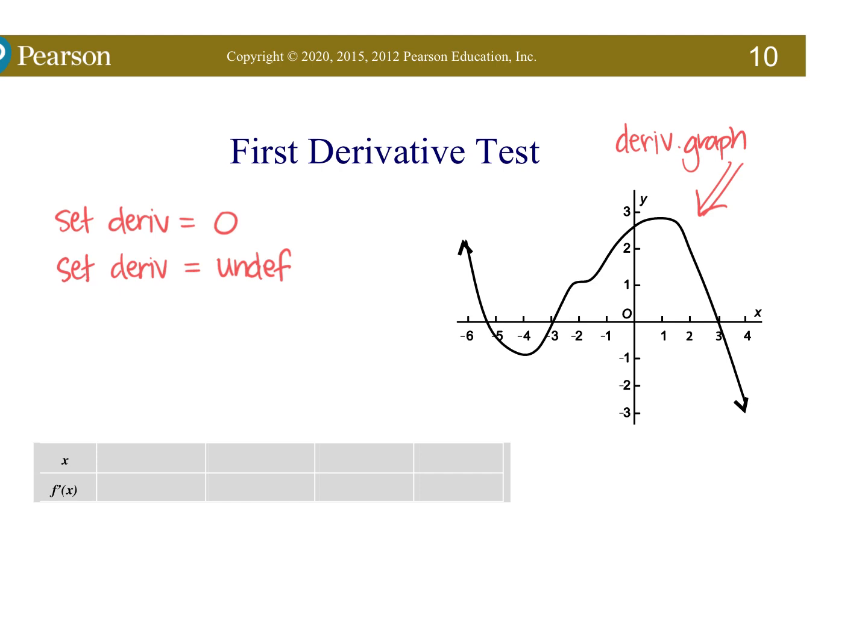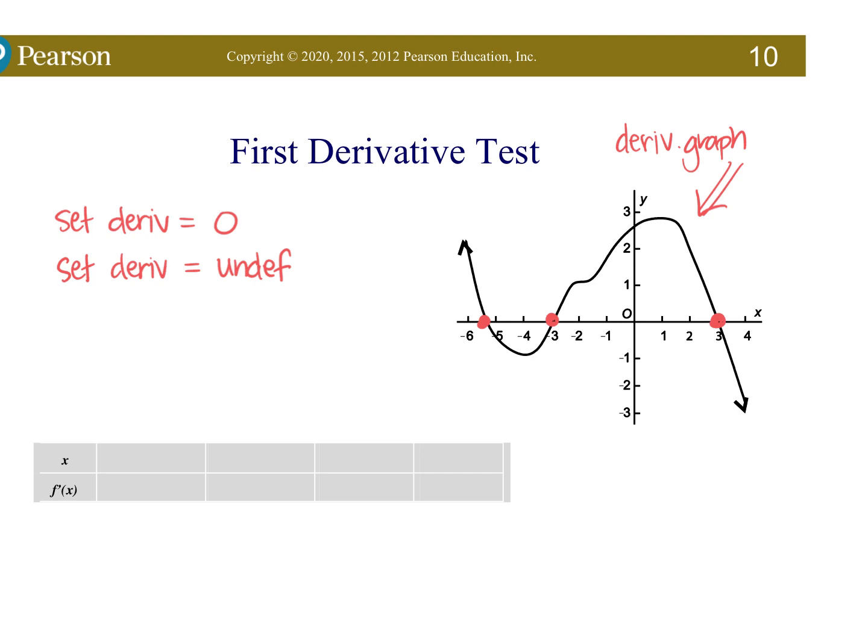When you set a derivative graph equal to 0, you're looking for the places that it is 0. In other words, the places that it's crossing the x-axis. So this is equal to 0 3 different times.